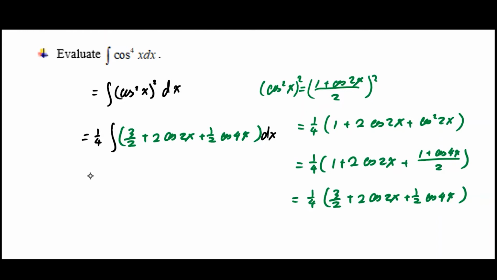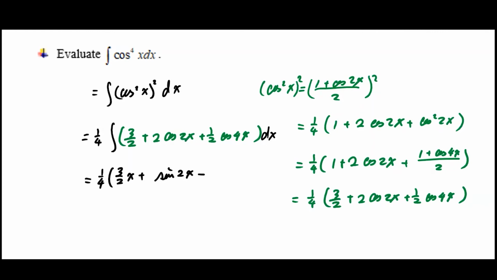Okay, so it's ugly, but it's not something that you cannot handle. So this becomes 3/2 x plus, now let's just write it down, sine 2x, chain rule, cancel that 2, positive, right? If I differentiate this, I get exactly that.